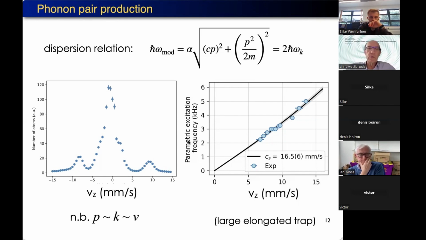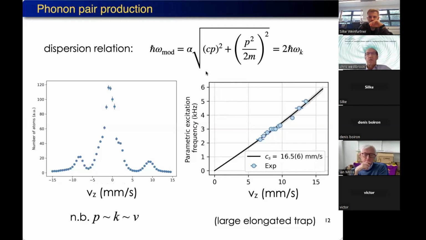The independent variable is really the excitation frequency, but I'm putting it on the vertical axis. So now you see the modulation frequency, omega modulation, as a function of the detected velocity, which we can convert into a momentum.